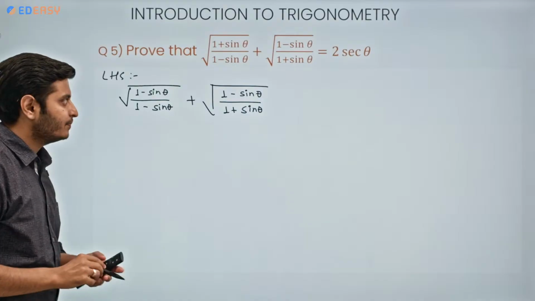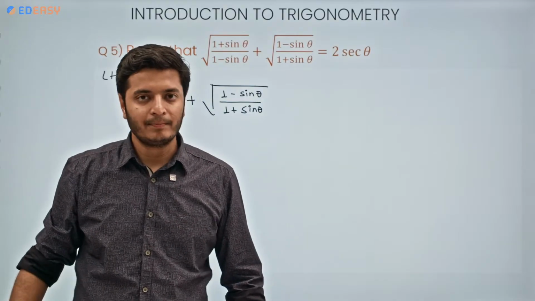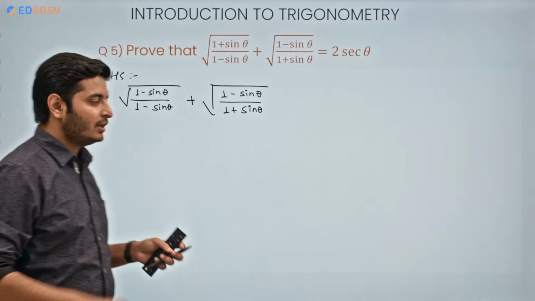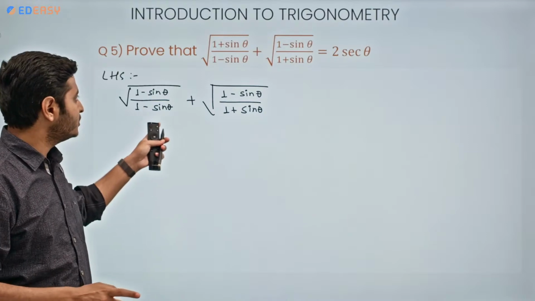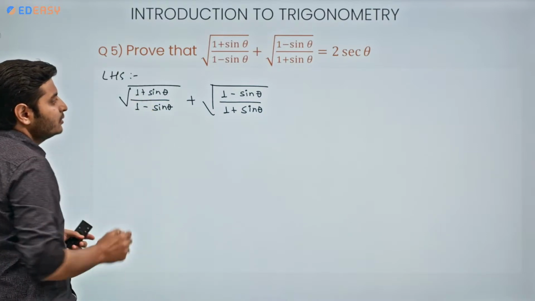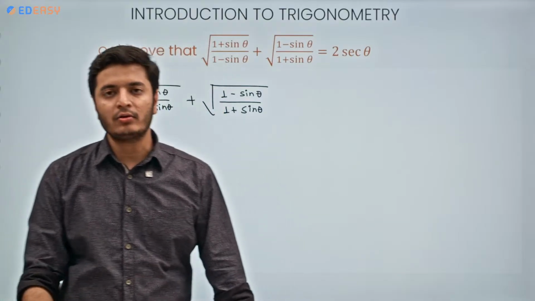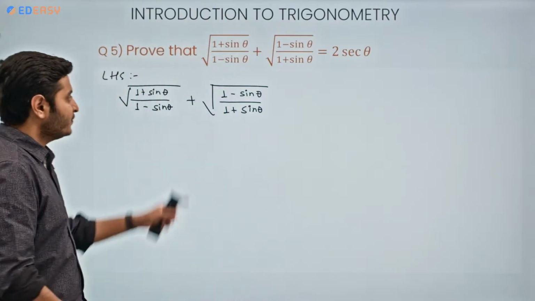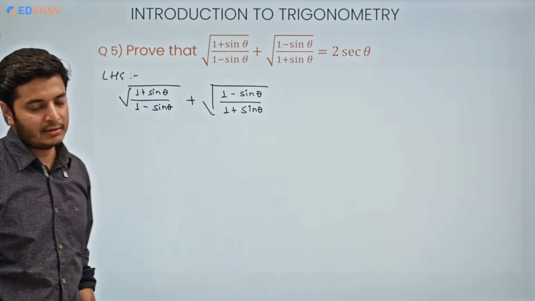This is LHS. So under root we can separate, correct? This basically means under root 1 plus sine theta divided by under root 1 minus sine theta. And this means under root 1 minus sine theta divided by under root 1 plus sine theta.